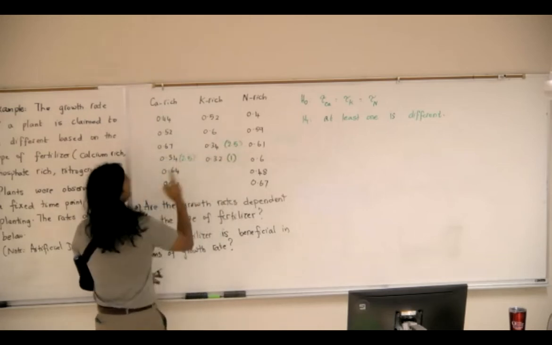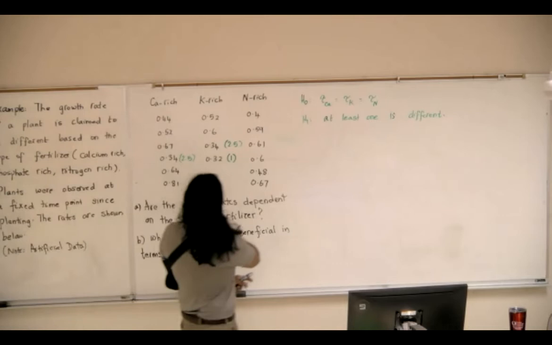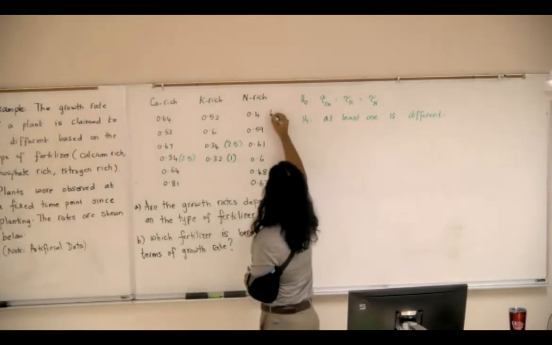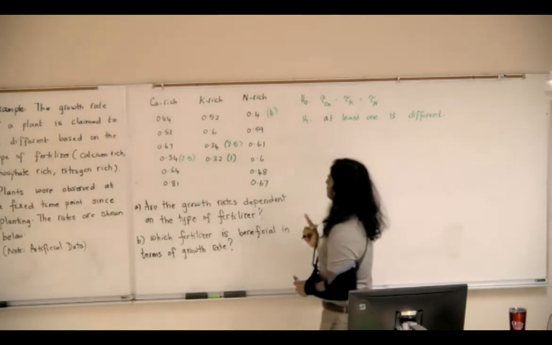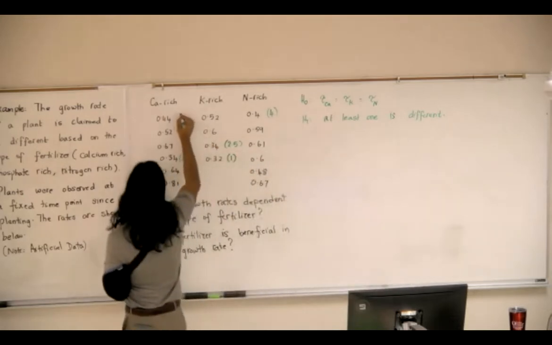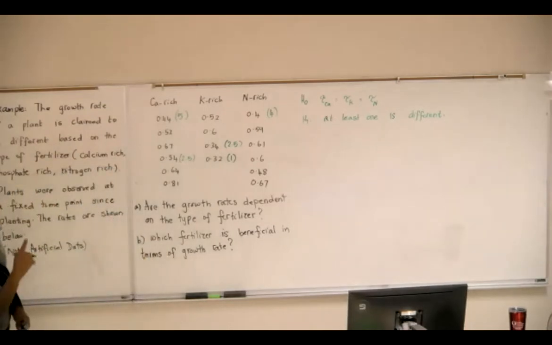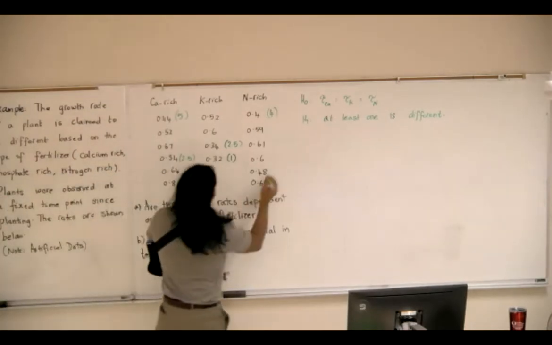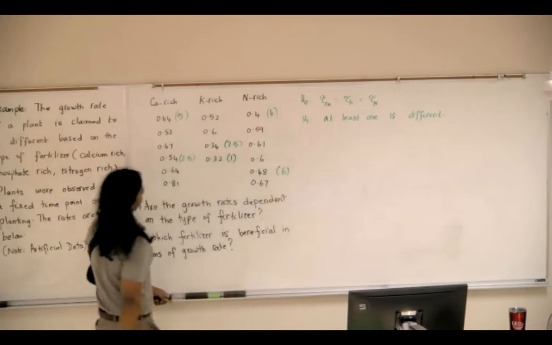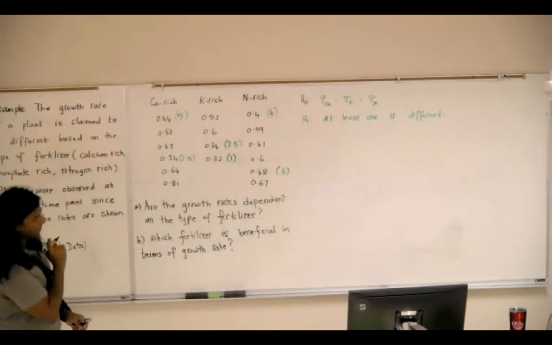What should the next rank be? 4. And I believe that goes to 0.4 here. The next one is 5. 5 gets assigned to 0.44. 6 will get assigned to 0.48. 7 would be to 0.52.